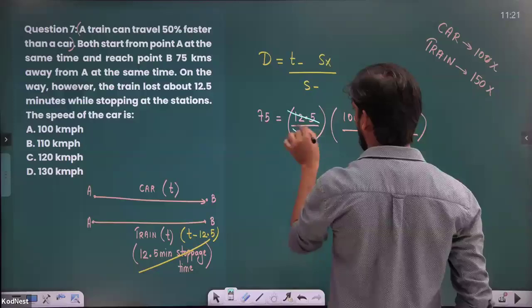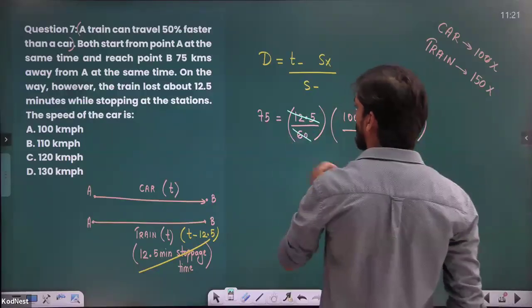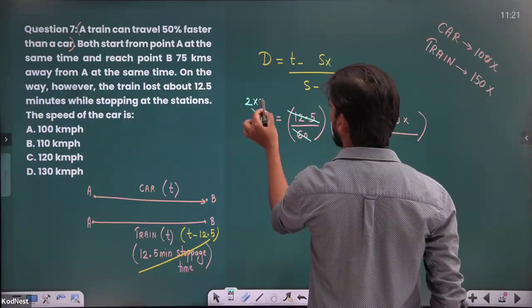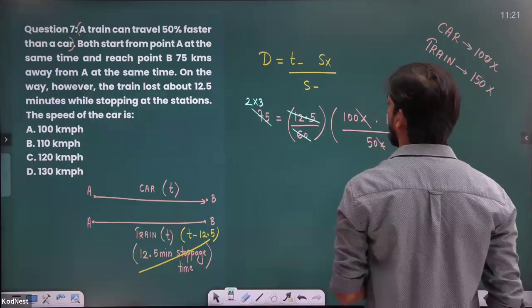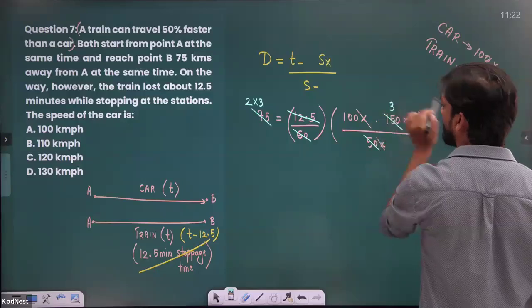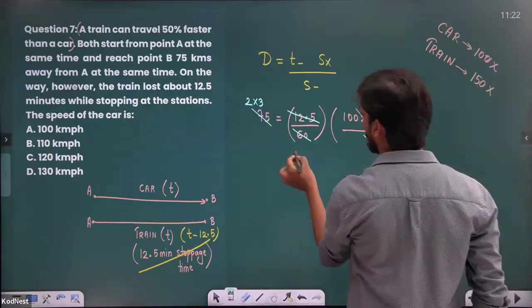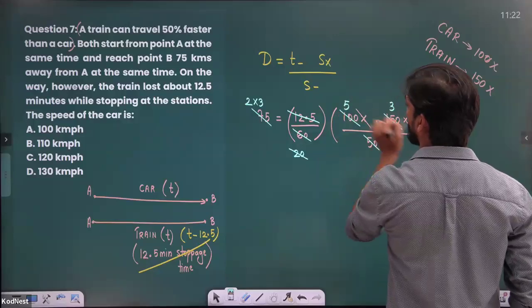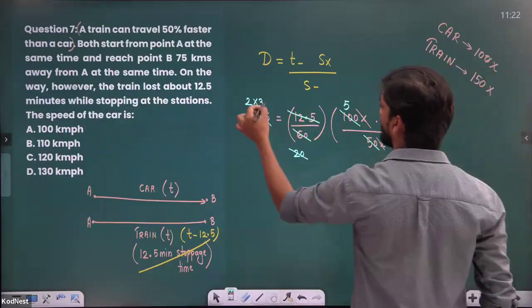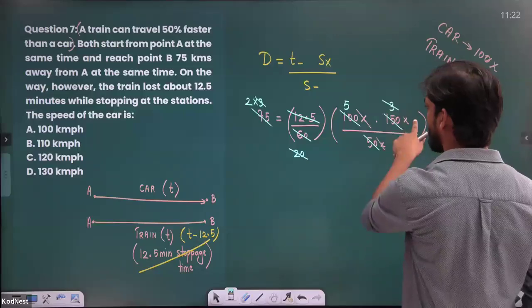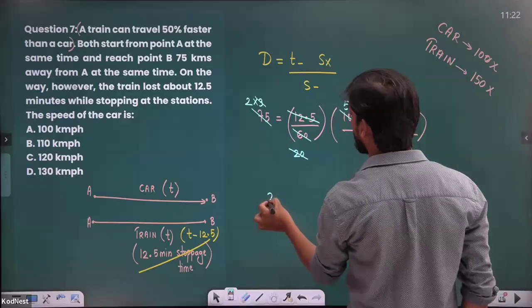Okay, it will not cancel out. 25 into 3 will be 75. Next, 50 into 3. 3 into 20. 20 into 5. Okay, 3 will cancel. So what is coming out? x, and that is 2.